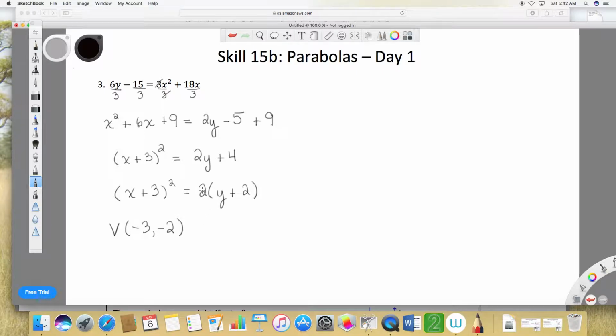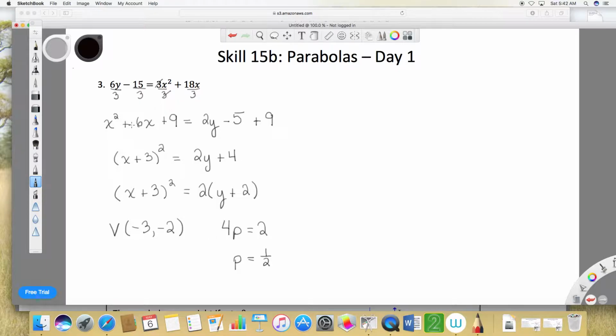I can set 4p equal to the coefficient. And if I divide by 4, I get 2/4, which is 1/2. You can see that half of 4 is 2.